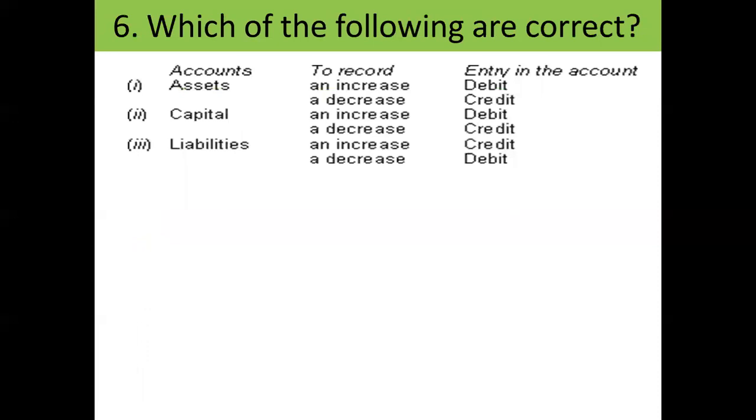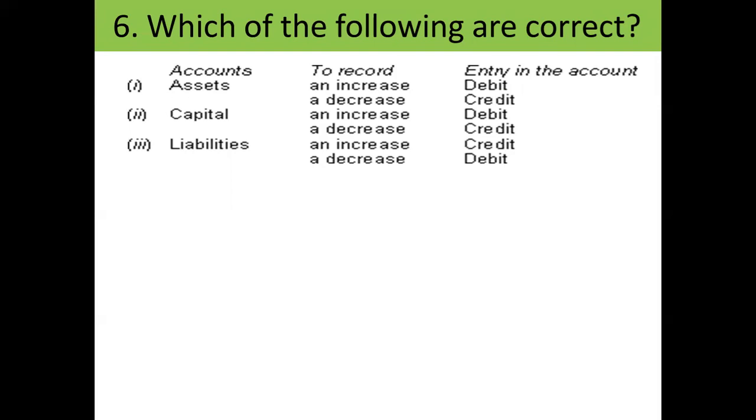Question number 6. Which of the following are correct? Here you have accounts, asset, capital, and liability, and you have to record entries in the account. If we have an asset account, when we are recording, it increases and decreases when we debit and when we credit.